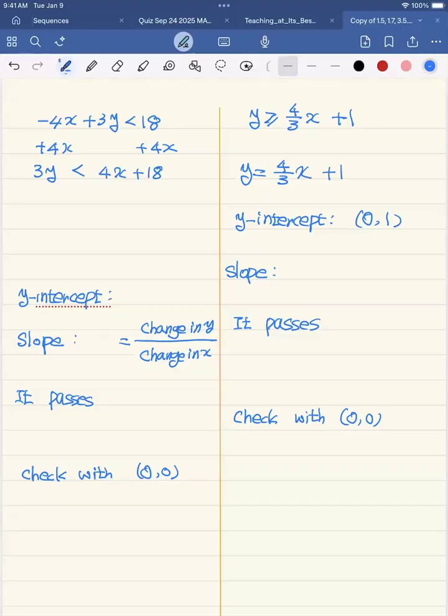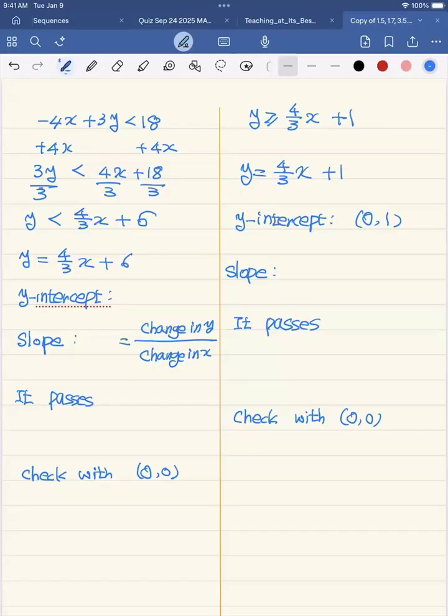And then we divide by 3 on both sides. And so y is less than 4/3 x plus 6.